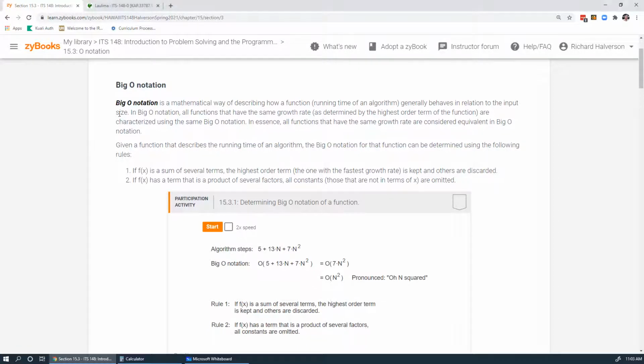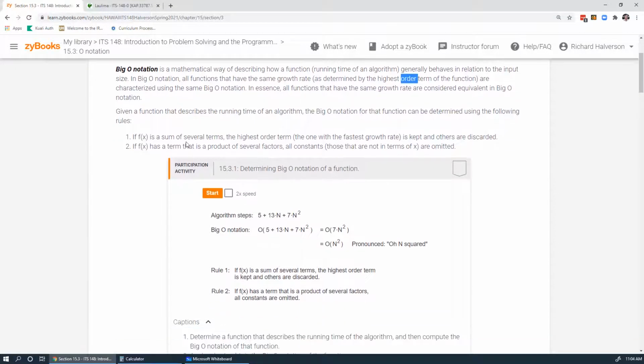In big O notation, all functions that have the same growth rate, as determined by the highest order term of the function, are characterized by the same big O. So given a function that describes the running time of an algorithm, big O notation for that function can be determined using the following simple rules.